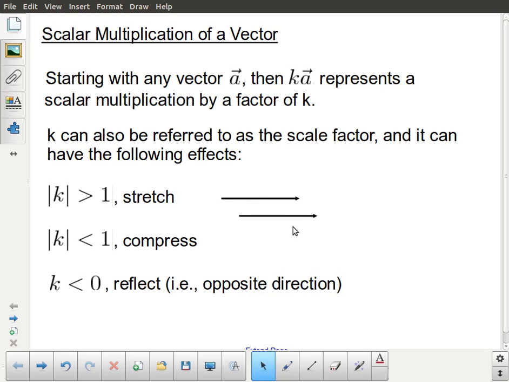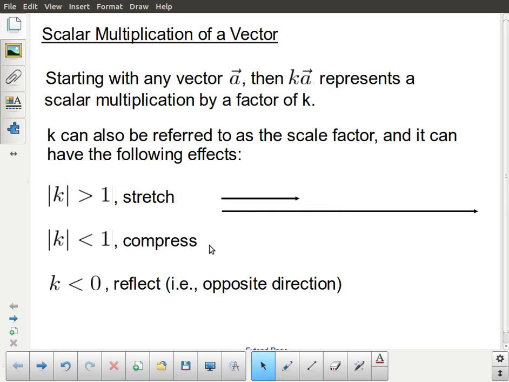So if I clone that so that we have a reference there, if my k value is greater than 1, then it's essentially going to be stretched. And it could be stretched by a little, or it could be stretched by a lot.